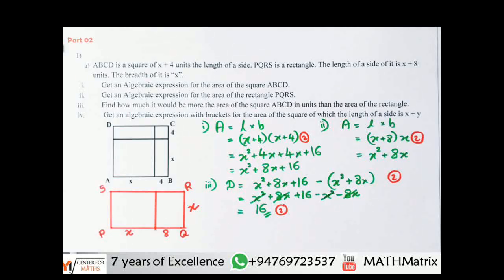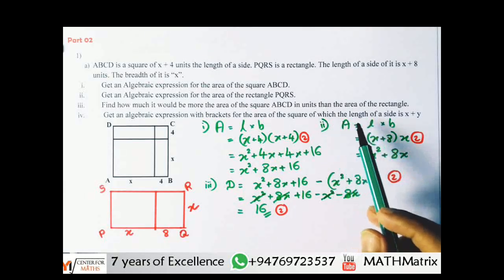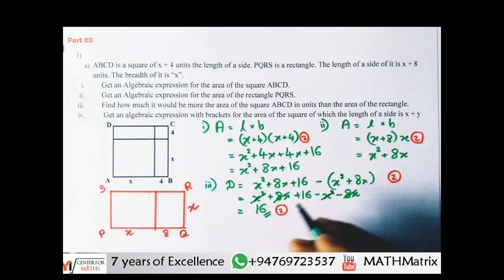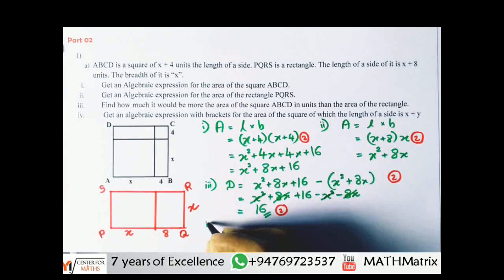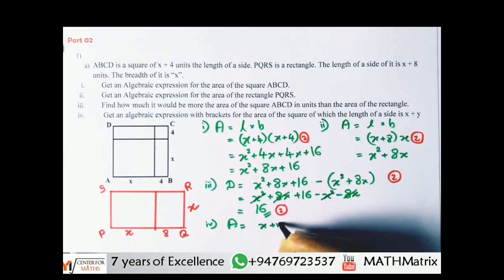And the last one: get an algebraic expression with brackets for the area of a square of which the length of a side is x plus y. Read again carefully. So they are asking us to find the area if the length of one side is x plus y. So x plus y into x plus y.